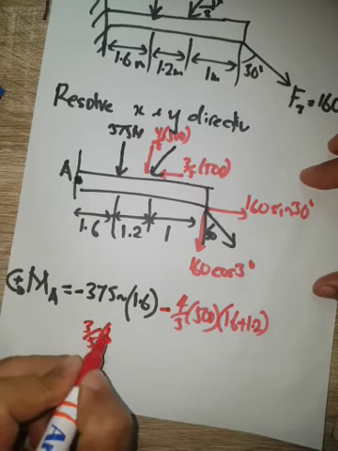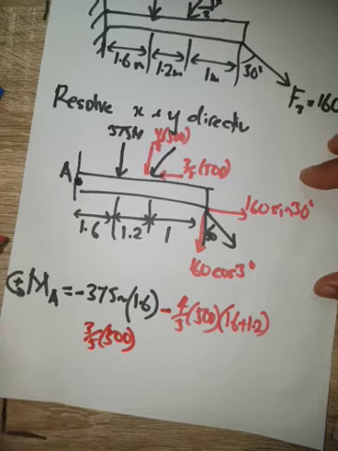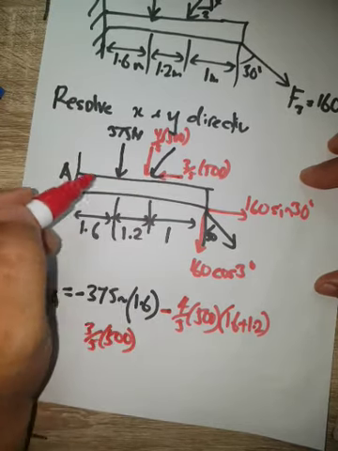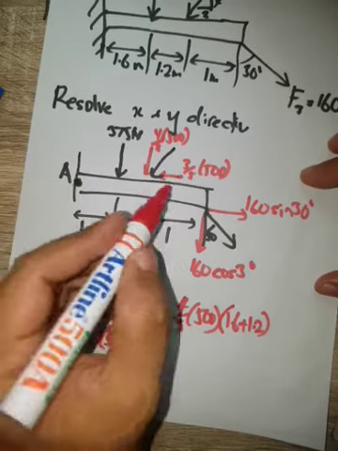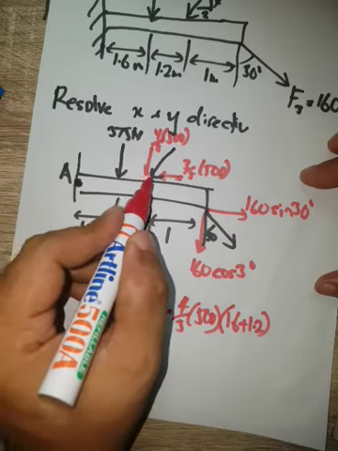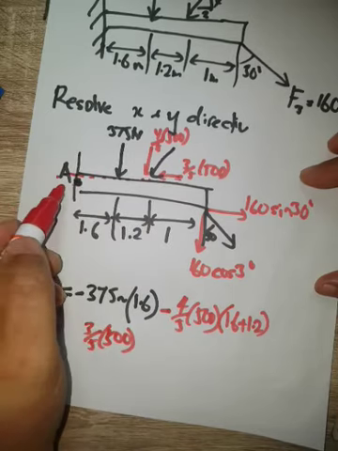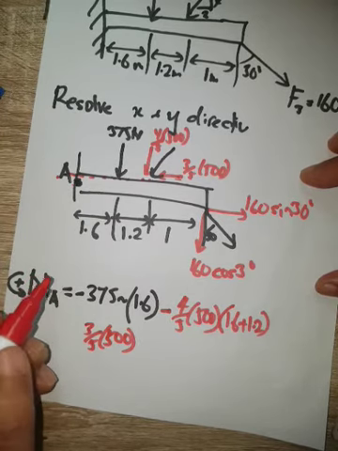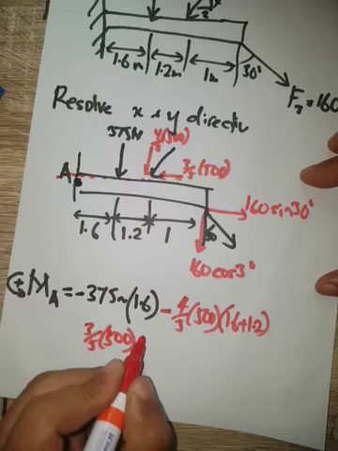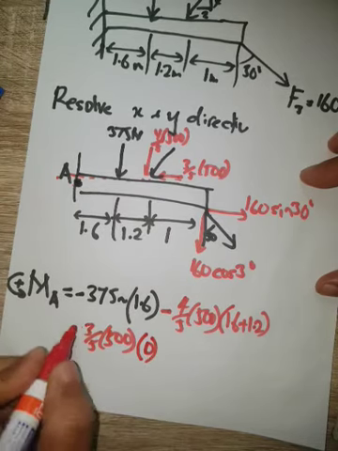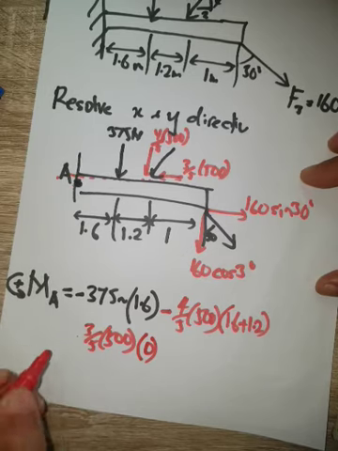The next force is 3 over 5 times 500, and we see what the perpendicular distance is between this point and this force. If you look here, the action line of this force crosses point A, so the perpendicular distance is 0. If it is 0, it doesn't matter whether it is positive or negative.